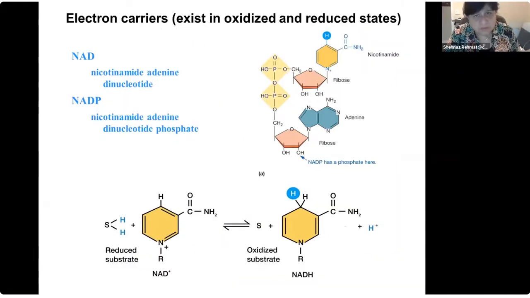So remember, you have the glucose as your source of energy. Okay, you've given glucose to the cell. Now this glucose will have to be oxidized.